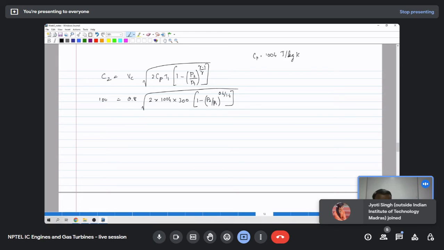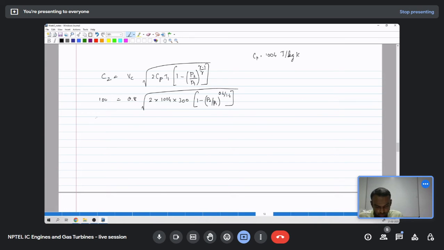With this we can calculate P2 by P1. So if we take 0.8 to this side and take square, we will have 2 into 1004 into 300 minus 1 minus P2 by P1 power 0.4 by 1.4 equal to 100 by 0.8 the whole square.